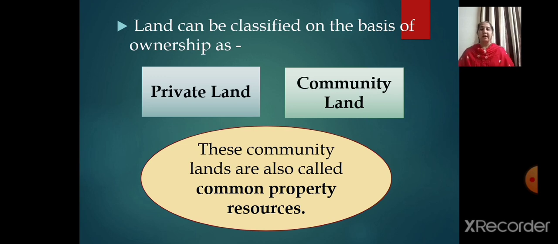These community lands are also called common property resources. I'll repeat, children: land can be classified as private land and community land. Private means the ownership is by individuals themselves, whereas community land is owned by the community for common use. So these community lands are also called common property resources.